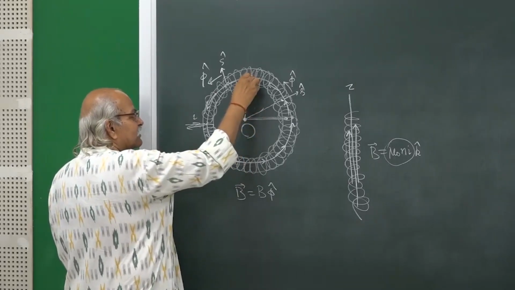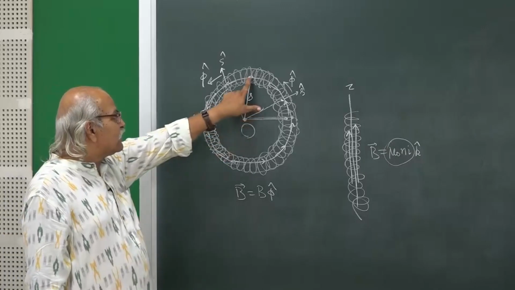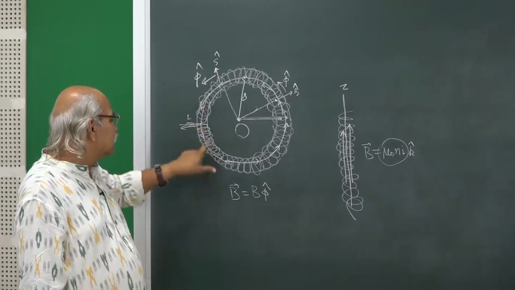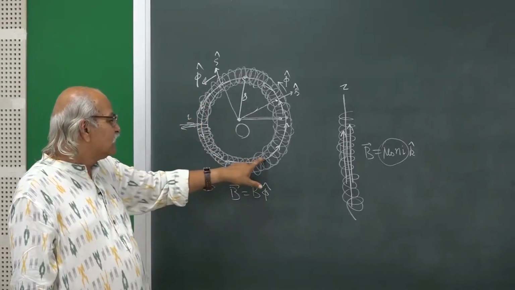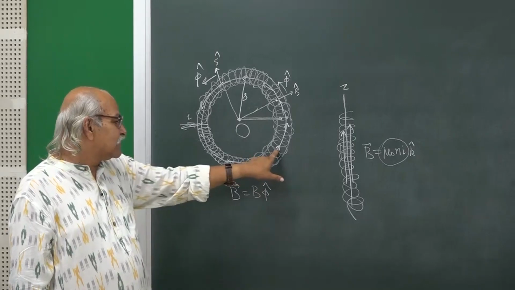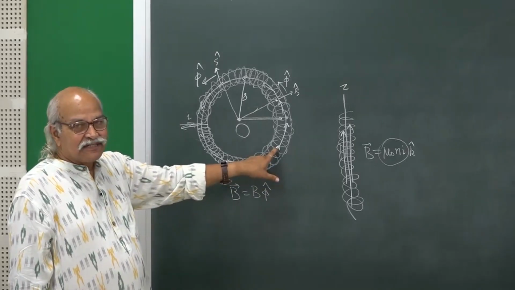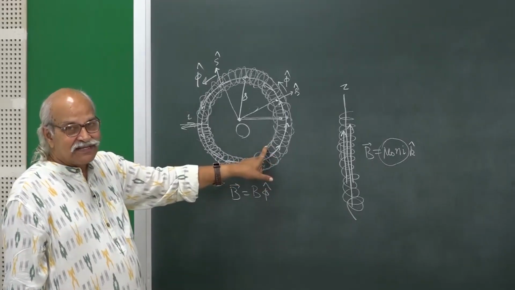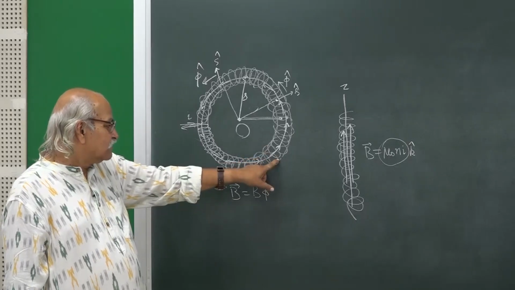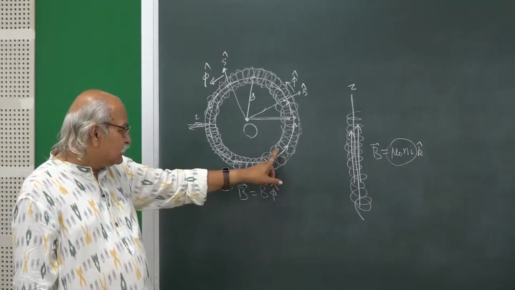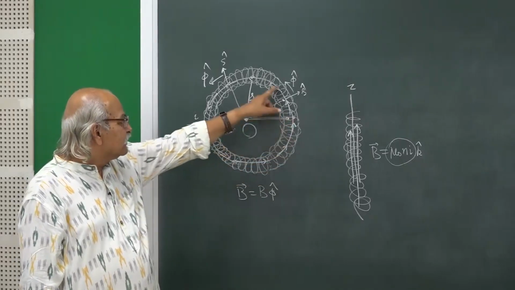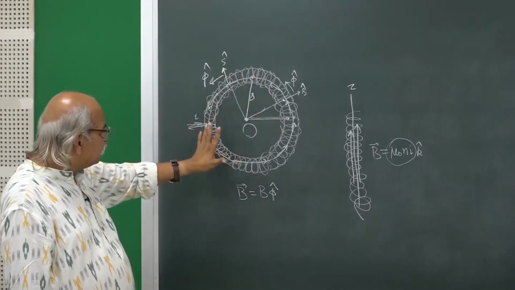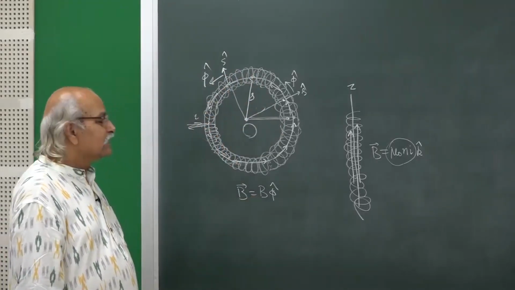I want the magnetic field here; phi symmetry is there, so whatever the magnetic field magnitude is here, the same magnitude will be at every point on the circle. There is no difference between this point and this point. But between this point and this point, yes, there is a difference: more number of turns per unit length this side, less number of turns per unit length this side. So, these you can distinguish, but the points around the circle you cannot, and therefore it is in the phi cap direction, but then the magnitude is to be calculated.